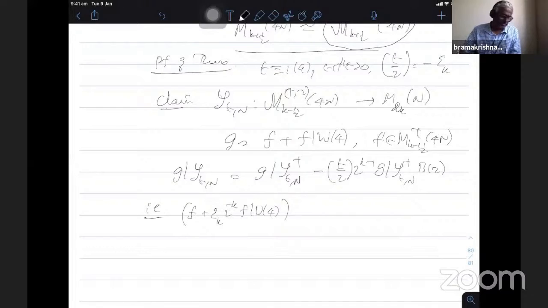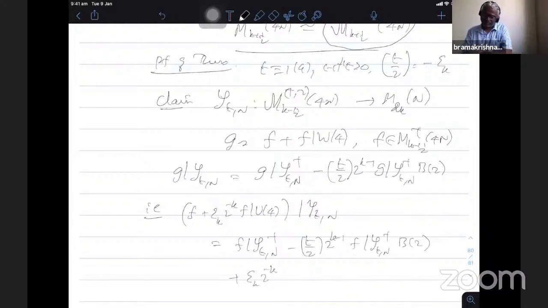Okay, bar S_{T,N} is, I apply this for each one. So f bar S_{T,N} plus minus T by 2 power k minus 1, f bar S_{T,N} plus bar B2, plus epsilon_k 2 power minus k. This one commutes with the S_{T,N}, so it goes to U2 there.